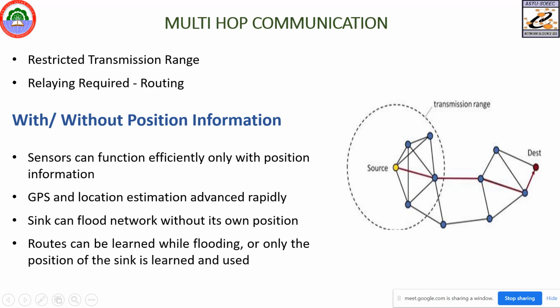When it is sending, we can see here the red color line. So this is one option for transmitting the information from source to destination, and there is another route also it may use to transmit that. Likewise there are some other paths to transmit information from source to destination, which can be adopted for the transmission of that particular packet.